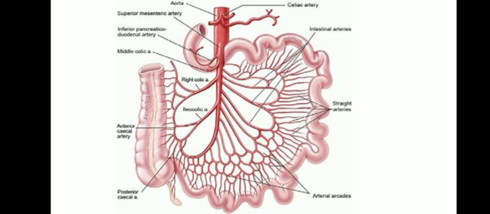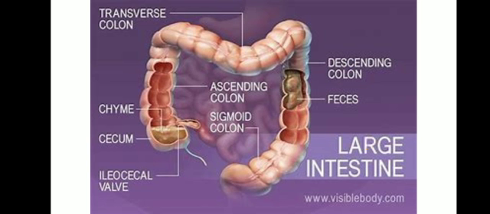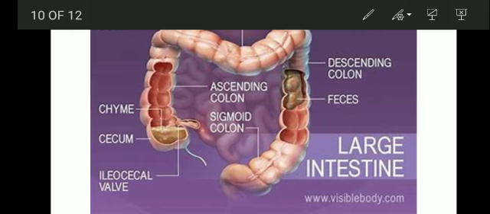Okay ma, the next part we are entering is the large intestine. You see the small intestine part here, it enters into the large intestine. The large intestine is 1.5 meters in length. It has three parts.